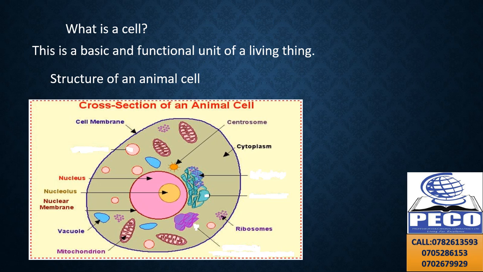Now don't ask me why I have not given you names for structures like these ones. Even these ones are not labeled here. Even this one, okay, this one can be given a name. Give this one the glycogen molecule.